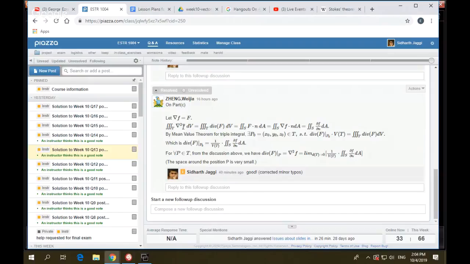The Laplacian of a scalar function is just the divergence of the corresponding vector function, because the divergence of the gradient of f is the Laplacian of f. We've studied that before. This, by the divergence theorem, is the surface integral of F dot n dA. Now again, we can replace F as the gradient of this scalar function, and then write it as del f by del n dA over here.